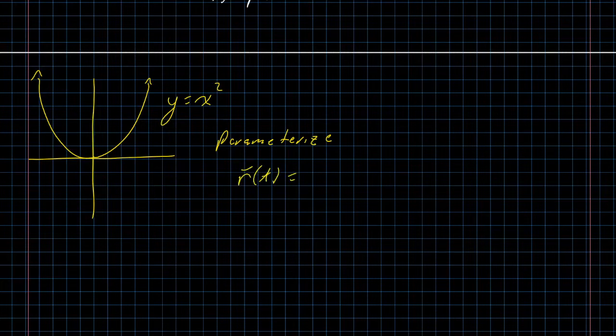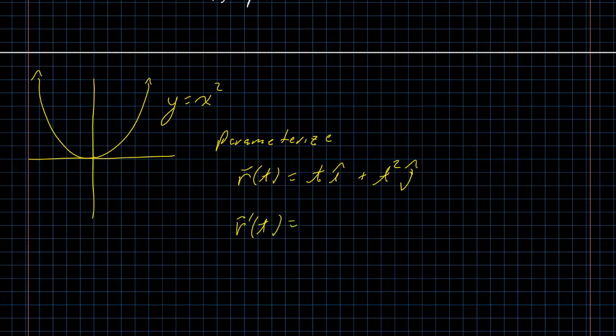r of t is going to be a vector in 2 dimensions. We have the curve written y as a function of x, so it's going to make sense to set t as our x component and then plug that in. y of t is t squared in our y component. We can take the derivative of this, r prime of t.